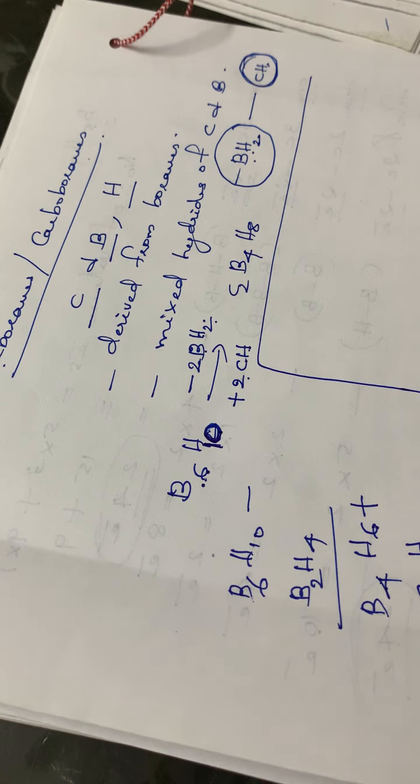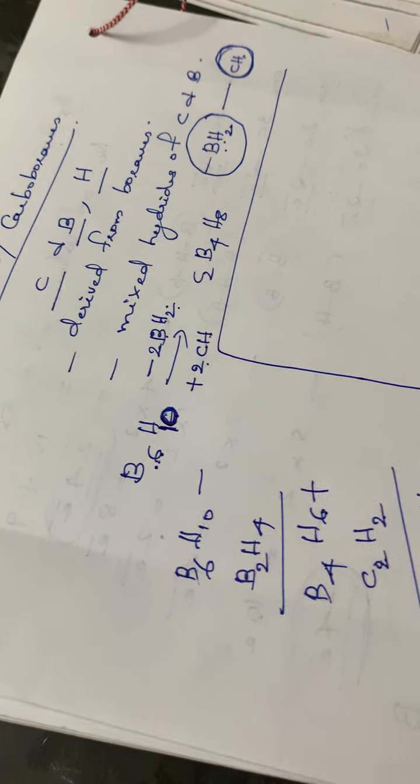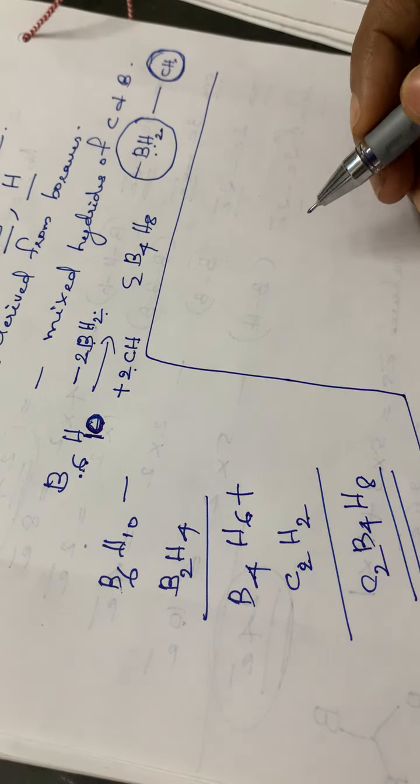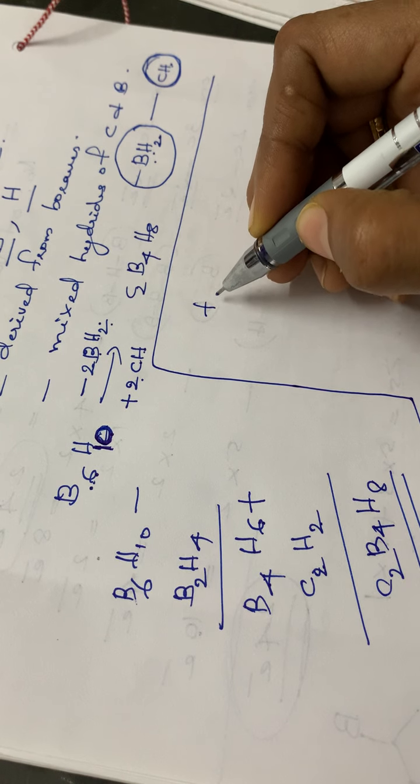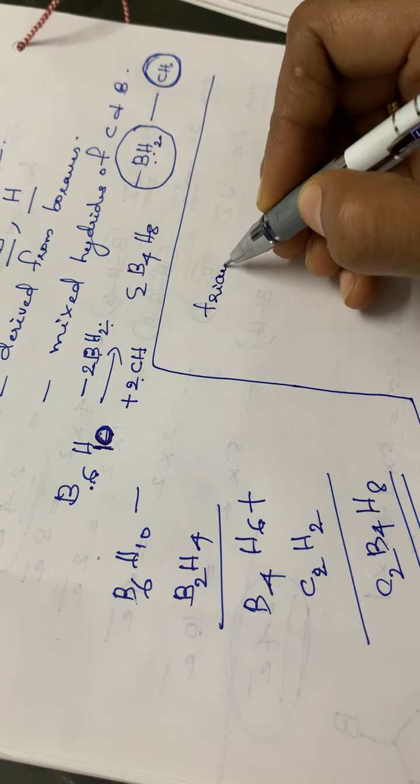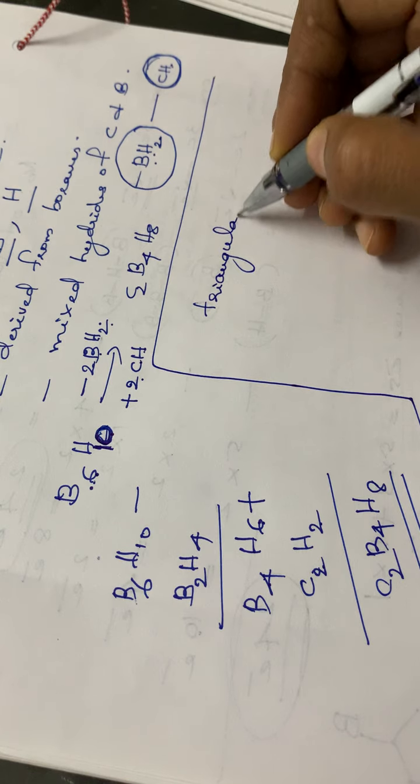In carboranes, the carbon and boron atoms occupy the vertices of a triangulated polyhedron.